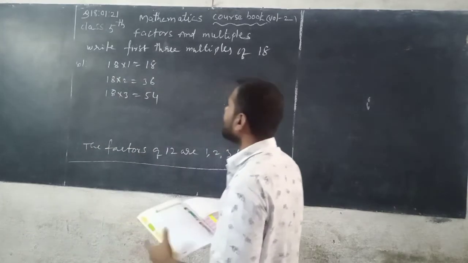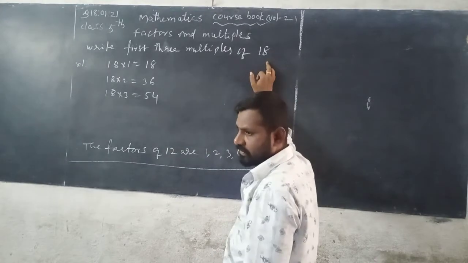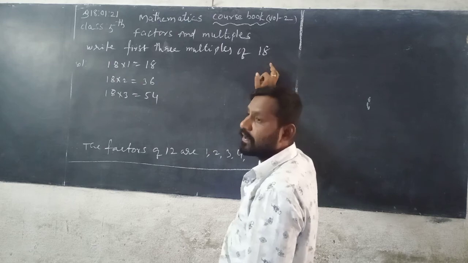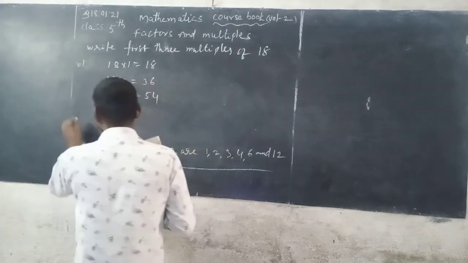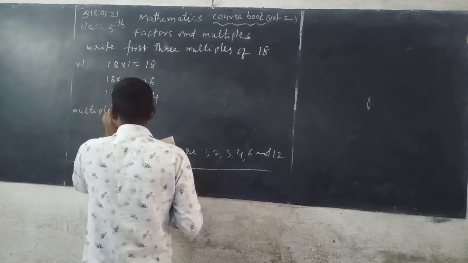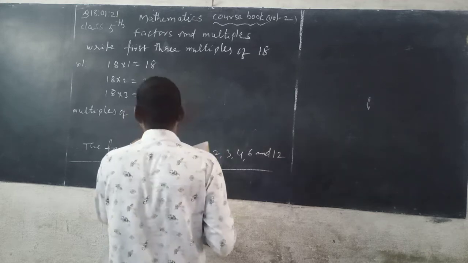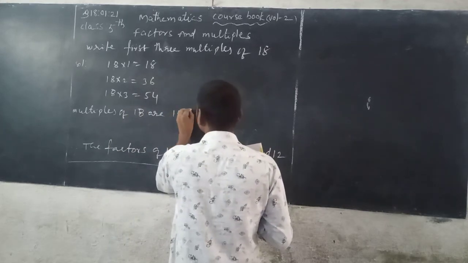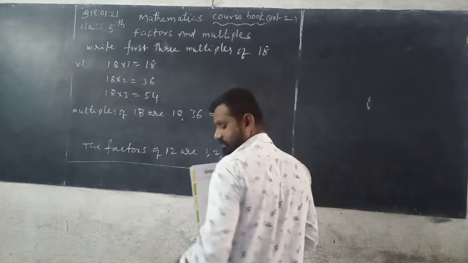Did you understand? Write the first 3 multiples of 18. So you can write the 18 table for 3 multiples. First 3 multiples. See here. Multiples of 18 are 18, 36 and 54.